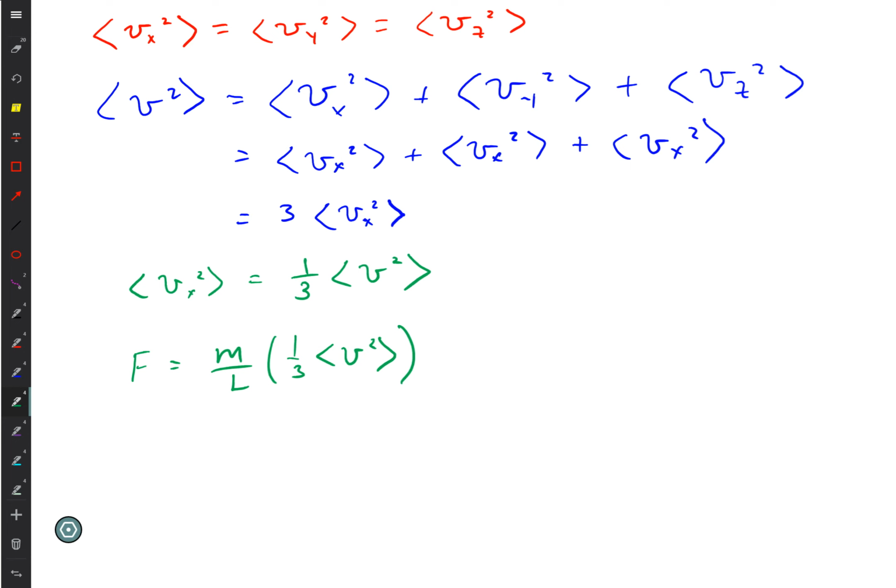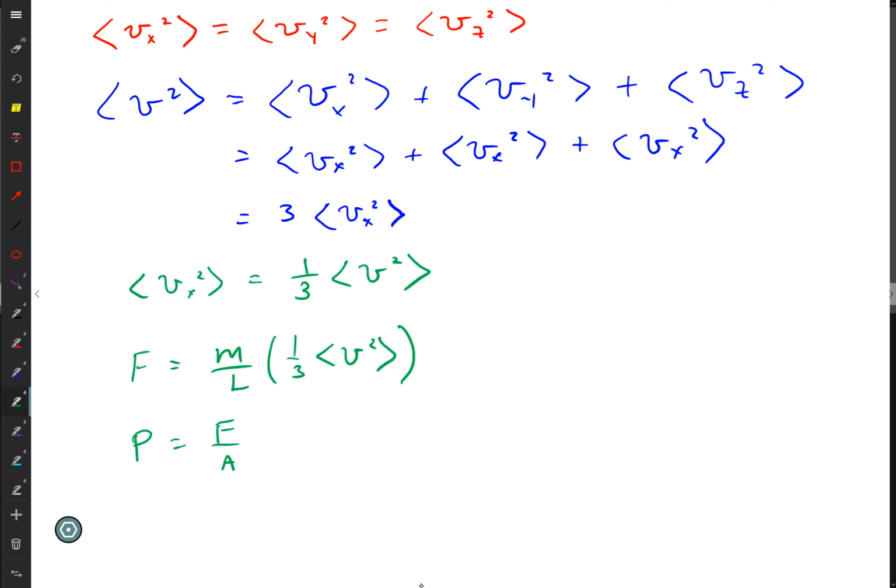What's the relationship between pressure on the wall and the force on the wall? Pressure times area. Okay, we know that pressure is equal to force over area. You said force, pressure times area, same thing. So pressure is force over area. So that means the pressure, one of our state variables, is equal to mass over area times length times 1/3 V squared.